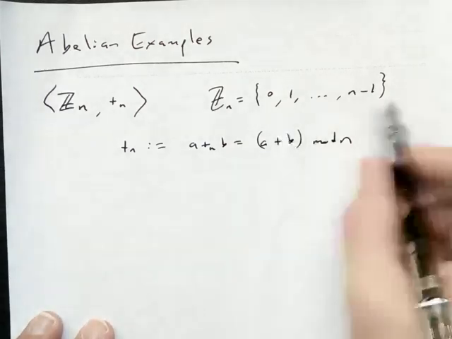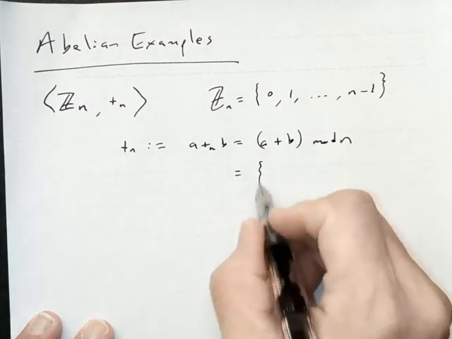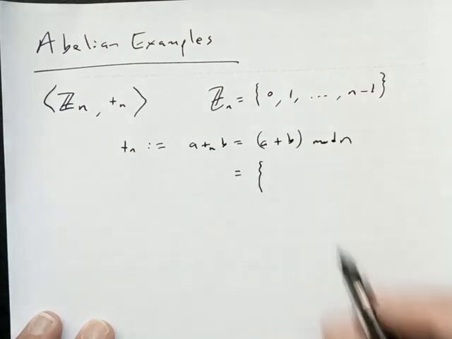But really, because I'm only working with the numbers from 0 to n minus 1, we can actually define this as a piecewise function.